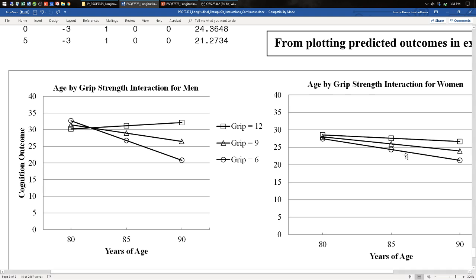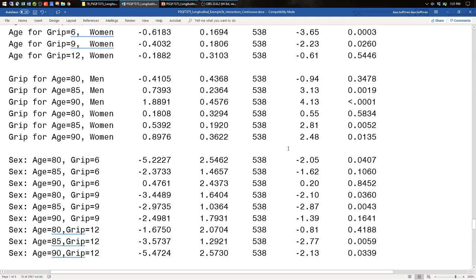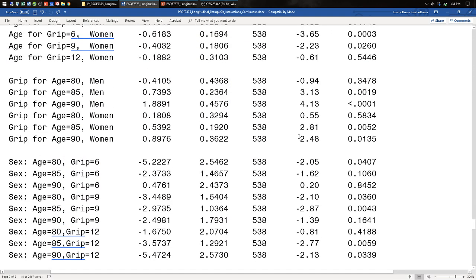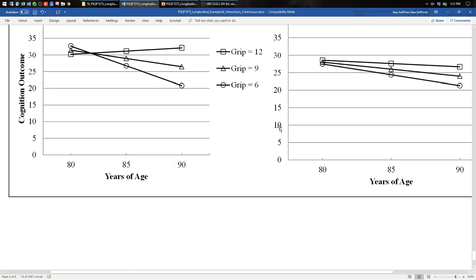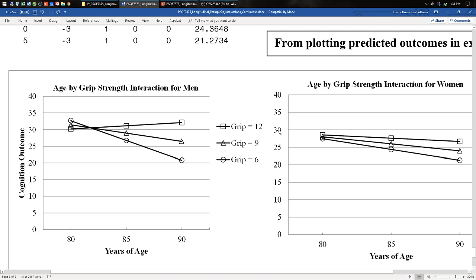It takes a lot of work to get from this to that, but this is the story. This is grip 12, a little bit weird here. Well, this brings up an interesting question. This is like the effective grip controlling for gender. To what extent are there women with a grip strength of 12? I don't know.